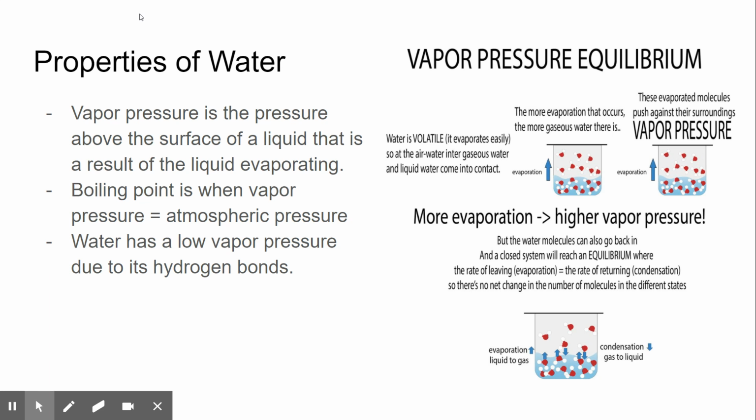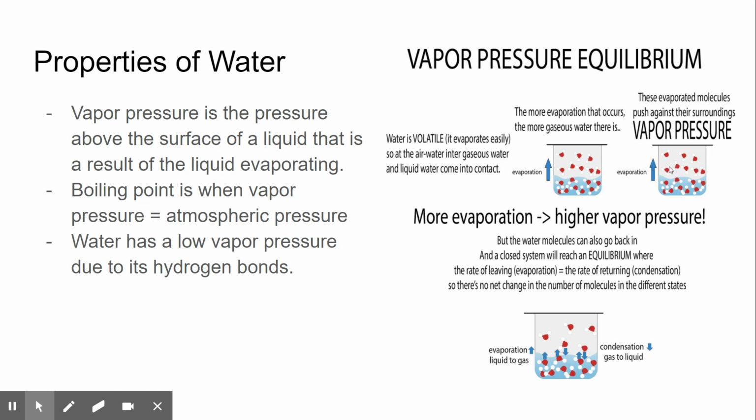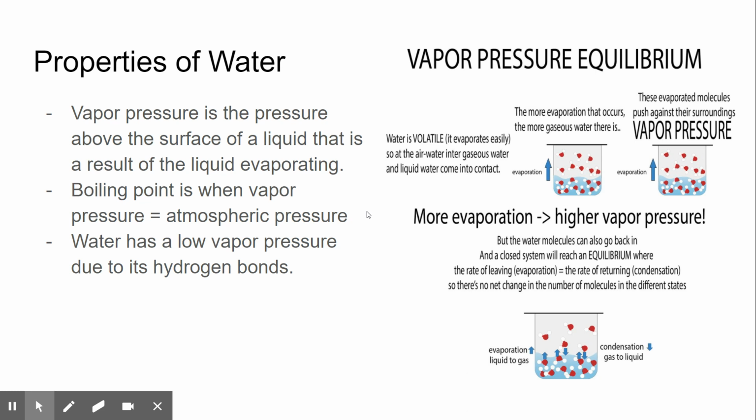We talked a little bit about what vapor pressure was, with gas laws, but basically vapor pressure is the pressure above a liquid created by the evaporation of that liquid. So the more it evaporates, the more vapor pressure there is. Now because water has a relatively low vapor pressure, there's not going to be a lot of pressure above the water.